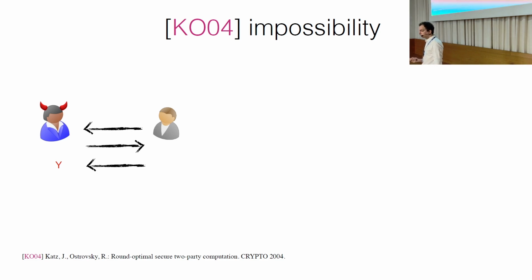I'll show you briefly how the impossibility works, just to make the point about why this discussion about rewinding is useful, and where it comes into the game when proving feasibility or impossibility results.